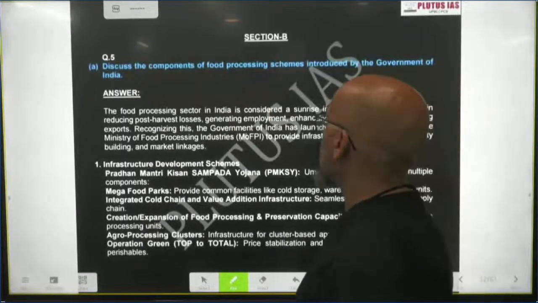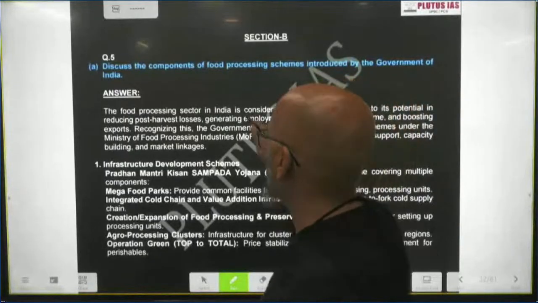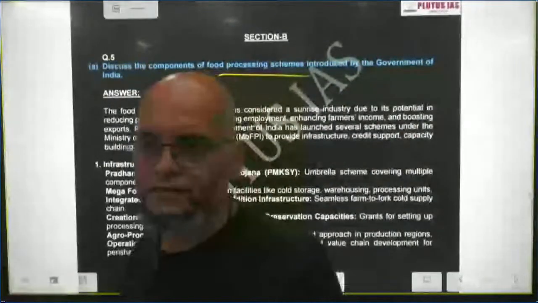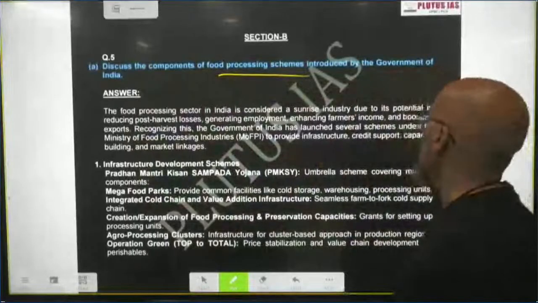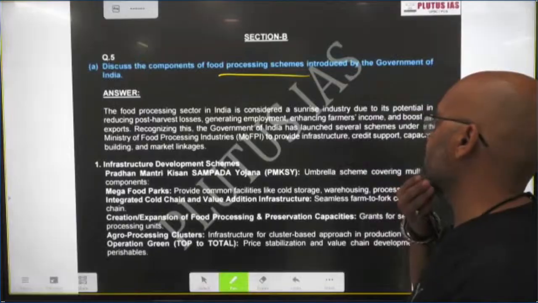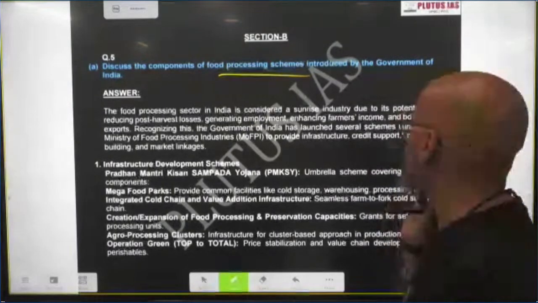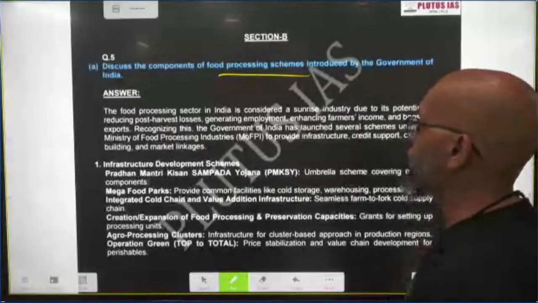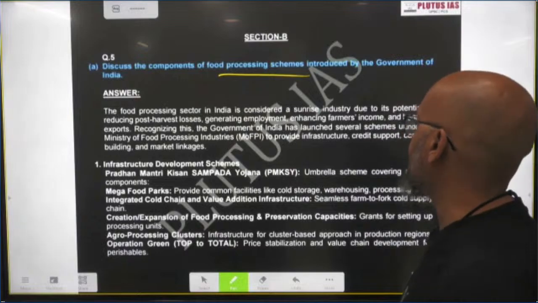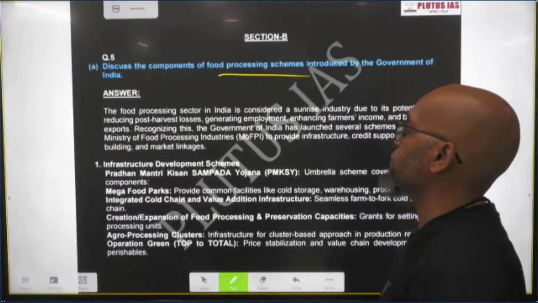Then Section B. First is: discuss the components of the food processing schemes introduced by the Government of India. As I said, very important. It was asked in GS Paper 3 as well. The food processing sector in India is considered a sunrise industry due to its potential in reducing post-harvest losses, generating employment, enhancing farmers' income, and boosting exports.